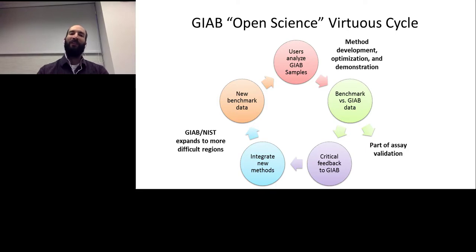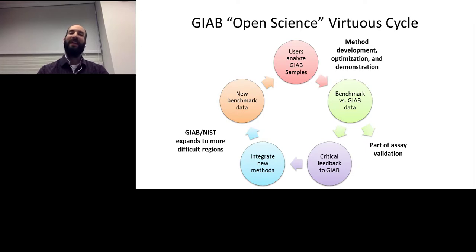And they can use that for method development, for optimization and demonstration by benchmarking the results that they get versus our Genome in a Bottle benchmark data sets. This could be part of their assay validation process if, for example, it's a clinical laboratory that's doing this. And then the other thing that we ask everyone to do is give us feedback about the calls that we've made available so that we know whether there are any weaknesses in our current benchmark data sets that we could help to address by incorporating the new methods that people are developing.